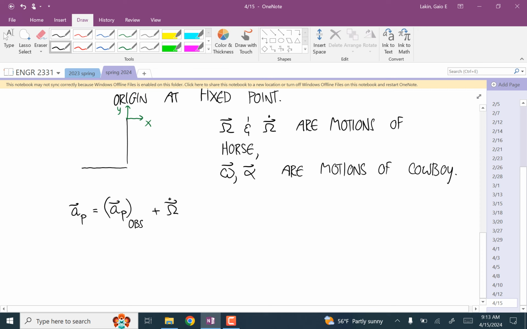Plus capital omega dot crossed with the position vector of p. Plus 2 times capital omega crossed the observed velocity of p. Plus capital omega cross quantity capital omega cross p.